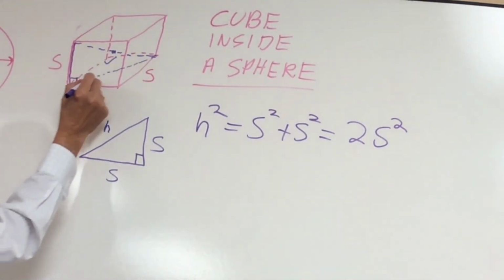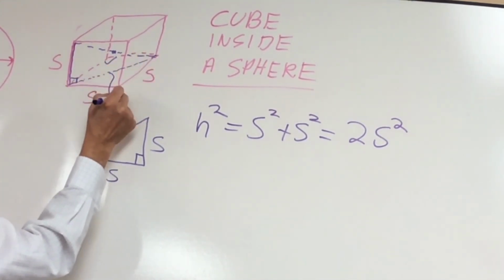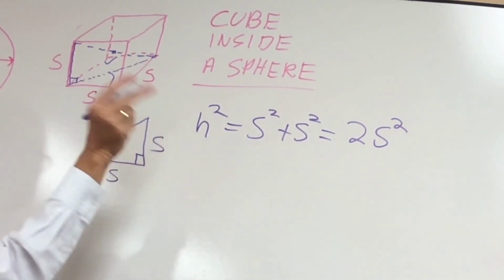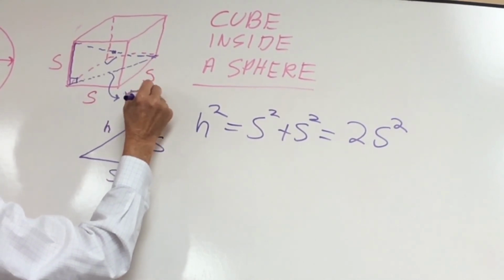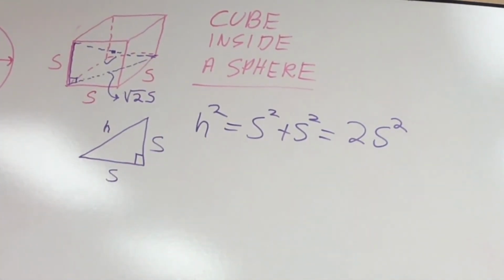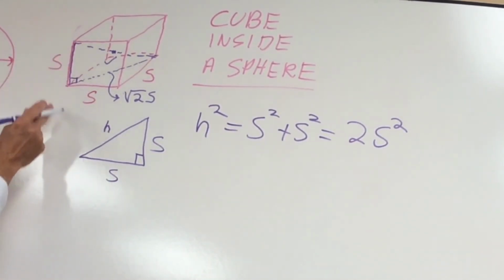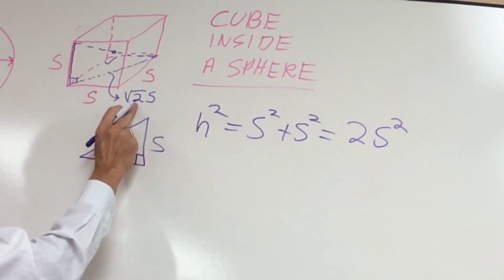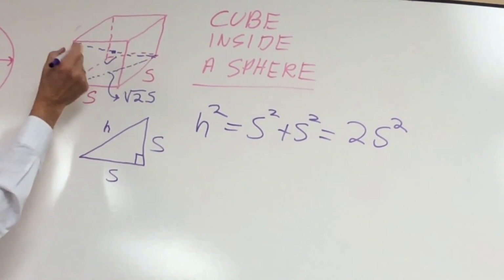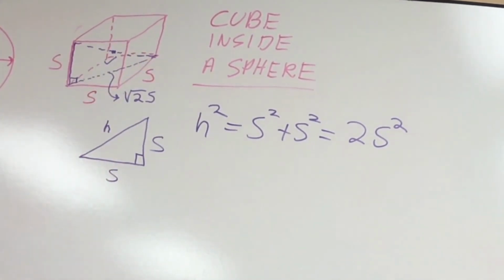So this dimension right along here, put a little arrow out here, is going to be the square root of that, which is square root of 2s. Okay? Now, if I know that, I have another triangle which has a height of s, a base of square root of 2s, and now I want to find the diagonal of the cube, which is again another Pythagorean calculation.